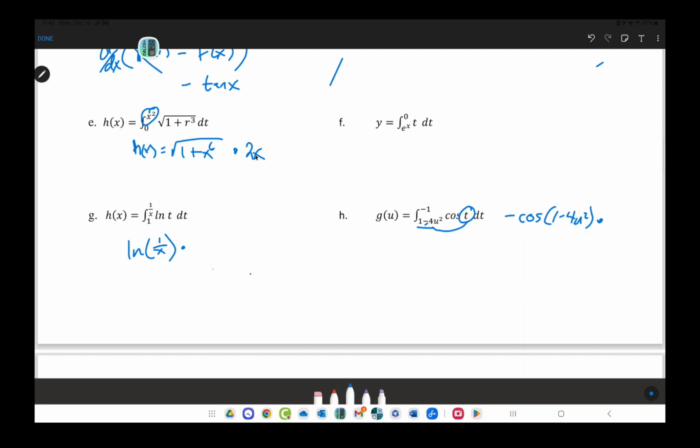What's the derivative of 1 over x? Negative 1 over x squared, right? Times the value of 1 over x.